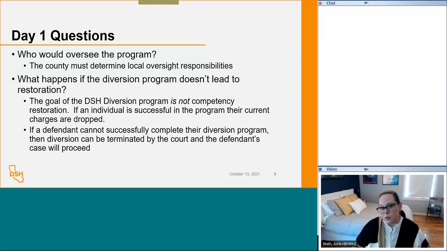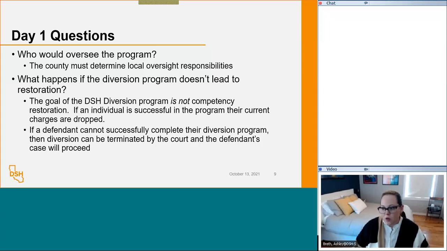The point is not to restore competency to proceed with trial. It is to break that cycle of criminalization by getting people into long-term mental health treatment. If the defendant does not successfully complete the program, if their participation has to be terminated for whatever reason, then their case will proceed as it normally would.